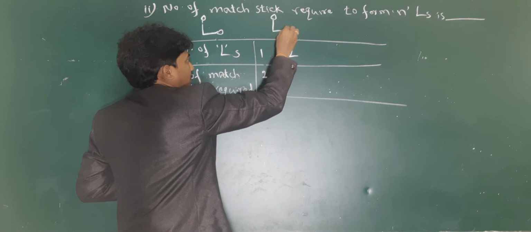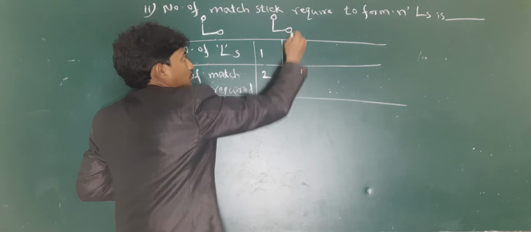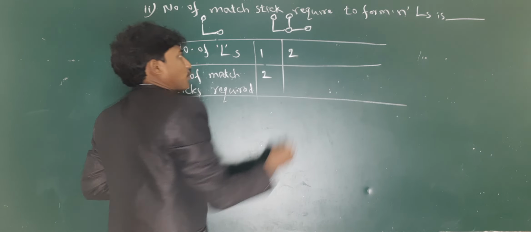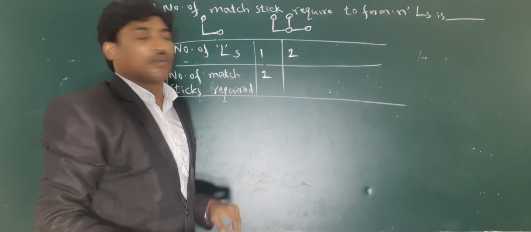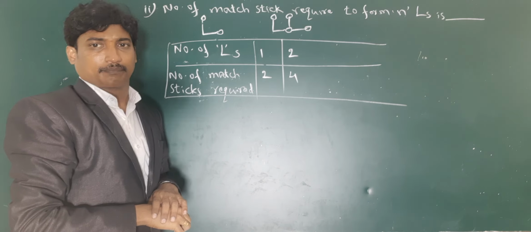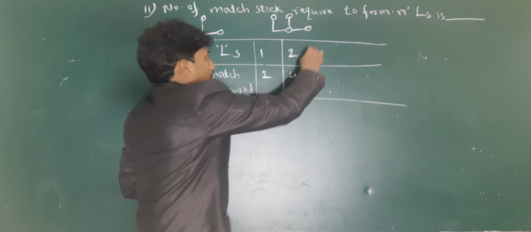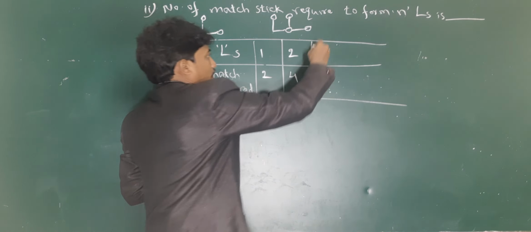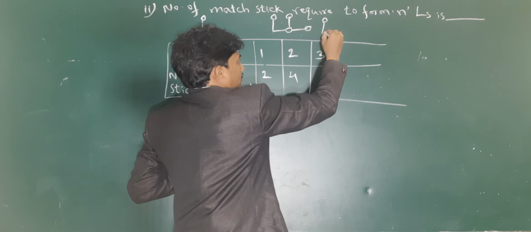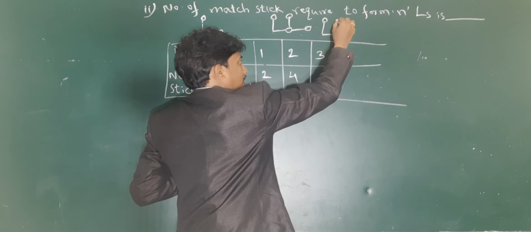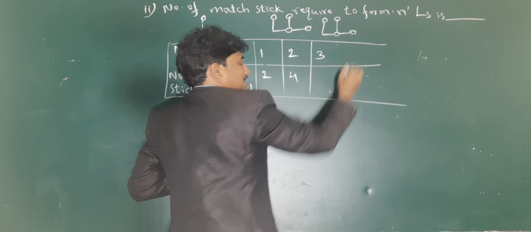1, 2, 3 and 4. 4 matchsticks are required. To form 3 L's, how many matchsticks are required? 1, 2 for 1 L. For another L, 2 matchsticks are required.